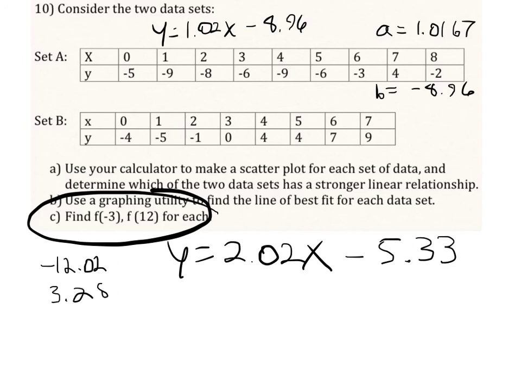For our other guy, y equals 2.02 times negative 3 minus 5.33.